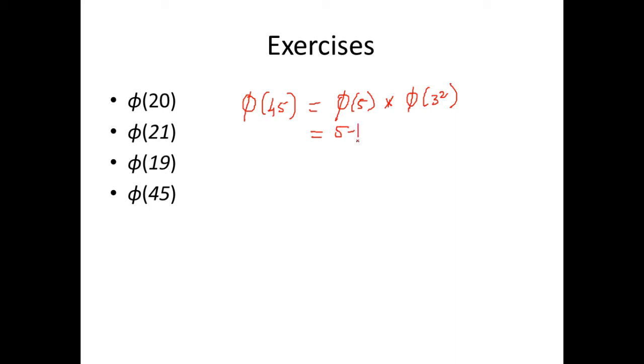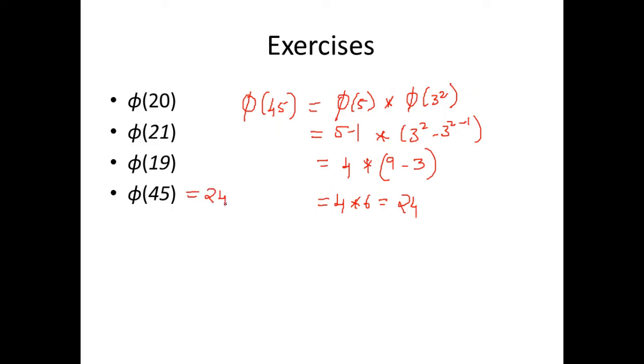So it is 5 minus 1 into, and now applying property number 2, we'll solve this as 3 square minus 3 power 2 minus 1. So this is nothing but 4 into 9 minus 3. So this is 4 into 6, that is equal to 24. So the result for phi of 45 is 24.